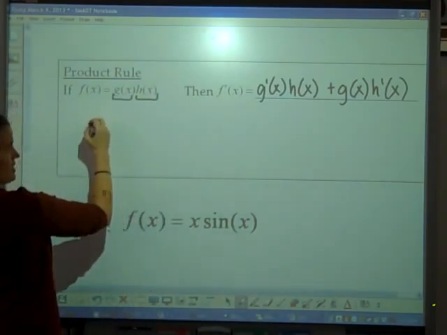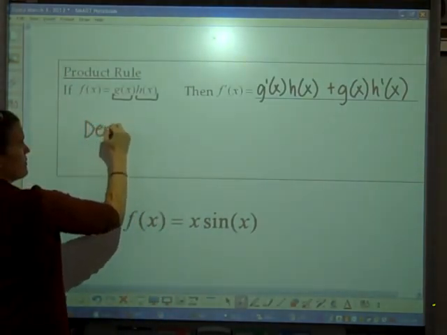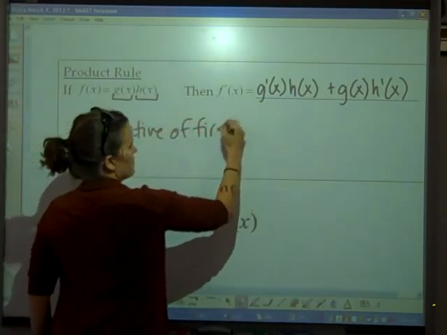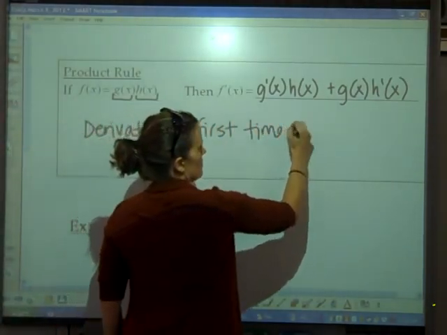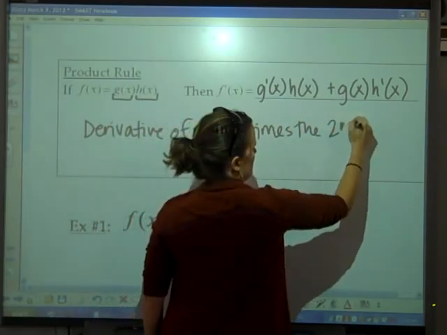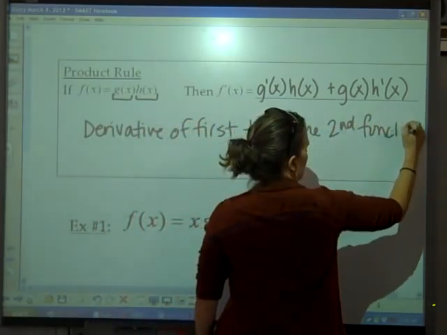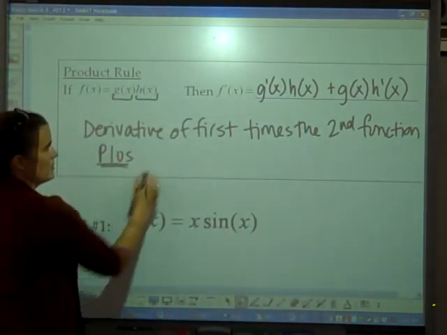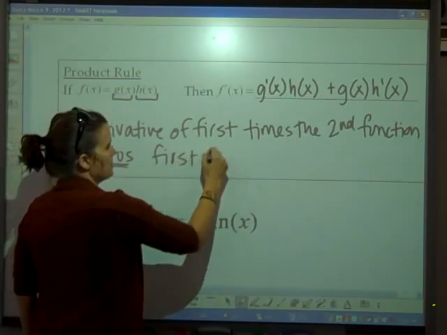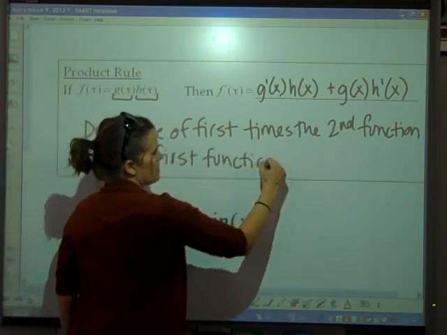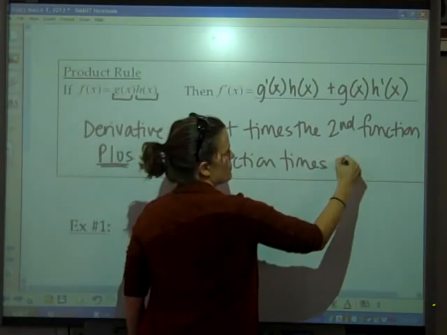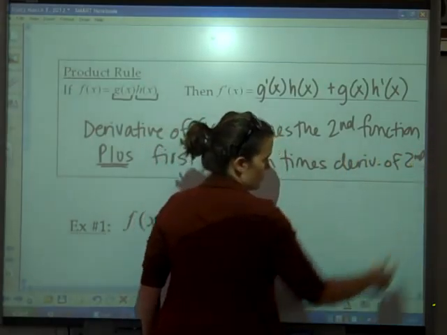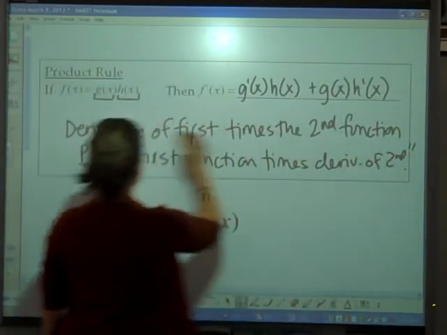In words, I want you to know you're taking the derivative of the first, times the second, and then plus, we're going to be adding the first function times the derivative of the second function. And those are the words that you want to know for a product rule.